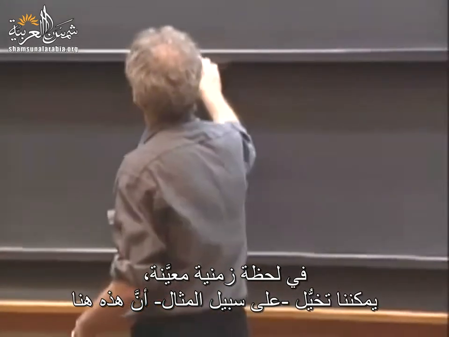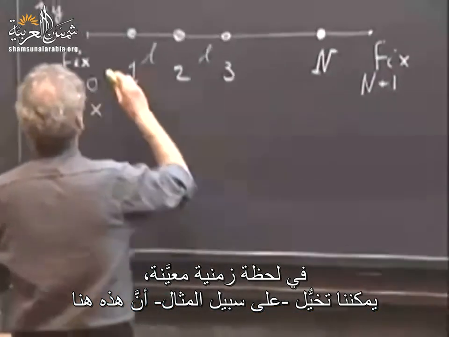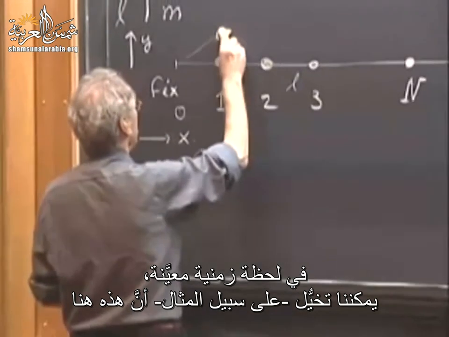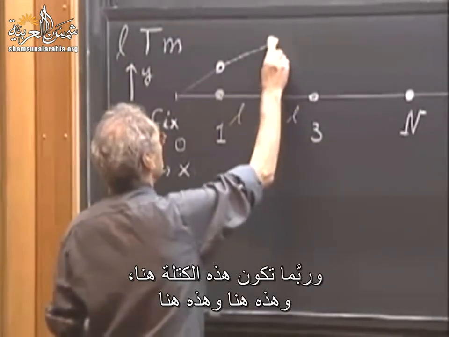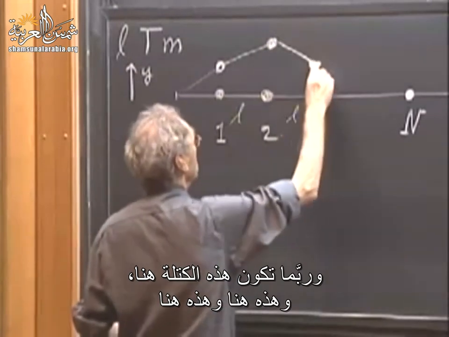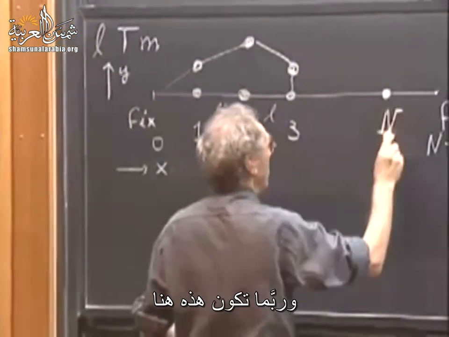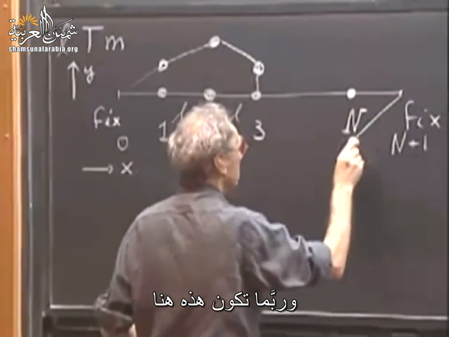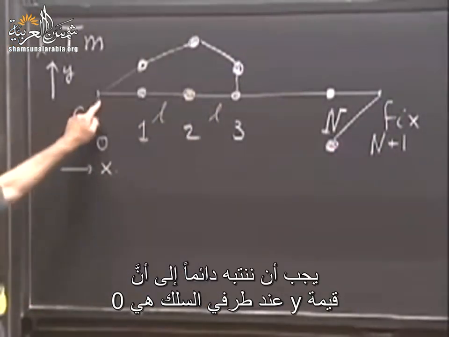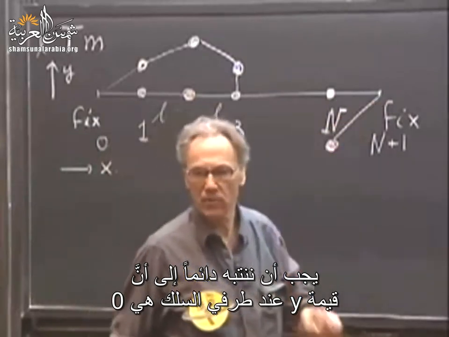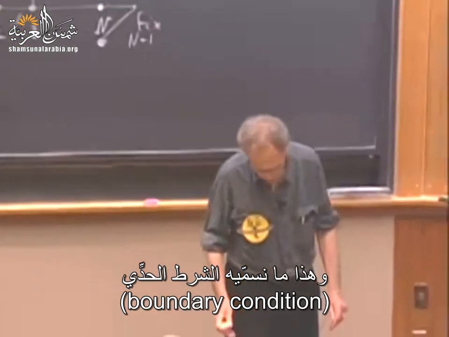At a particular moment in time, you can imagine, for instance, that this one is here, and maybe this one is here, and this one may be here, and maybe this one is here. The only thing we have to keep an eye on is that this is always 0, and the Y here is also always 0. That's what we call the boundary condition.